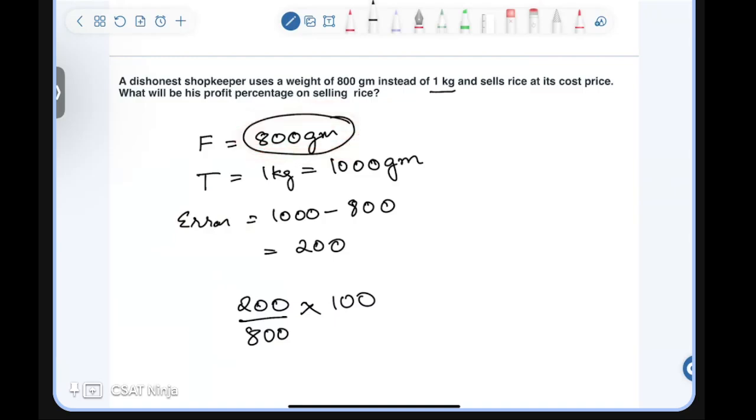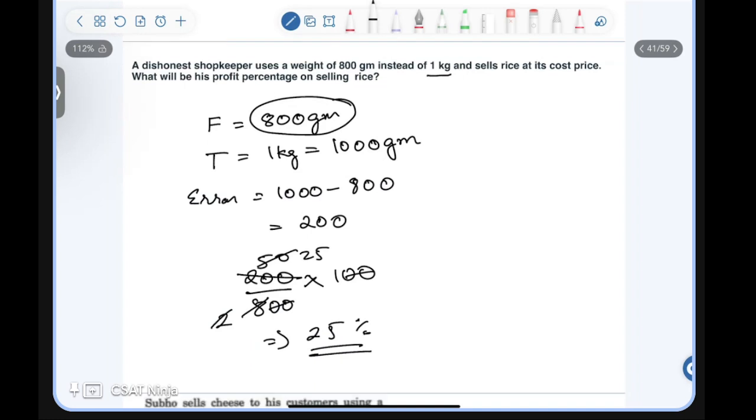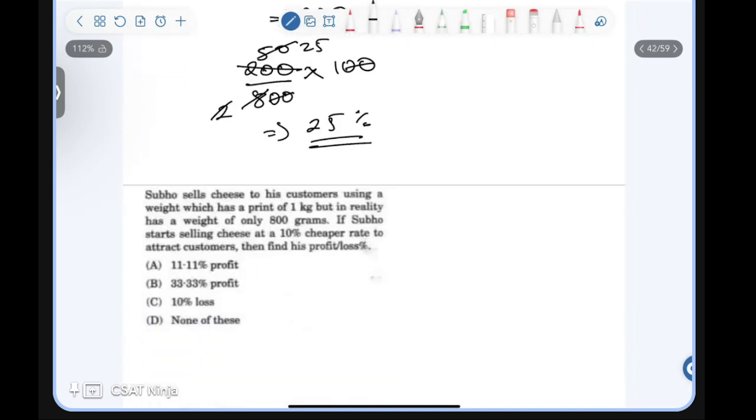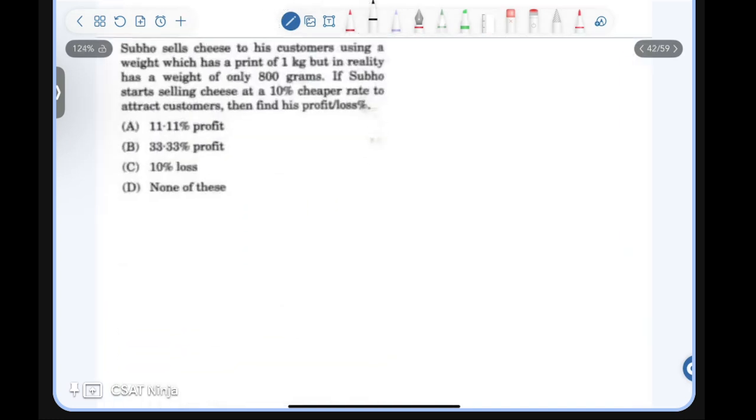If we simplify this, the 0s cancel, 4 2s are 8, 4 5s are 20, 2 into 25. So our answer is 25% here. That's how we can approach this type of question. But NPSC, they twist this type of question a little bit.